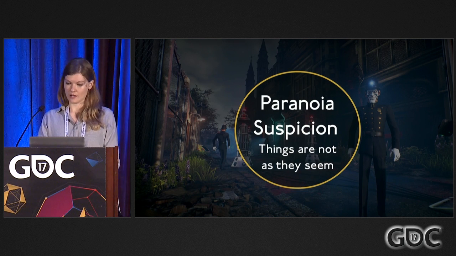Paranoia and suspicion. We wanted the player to be the only sane outsider in this suspiciously perfect place, and to give you a sense of paranoia when you're playing that you will be caught as that outsider, and a feeling of suspicion from the people around you that maybe you don't blend into this world or you're not part of this world.